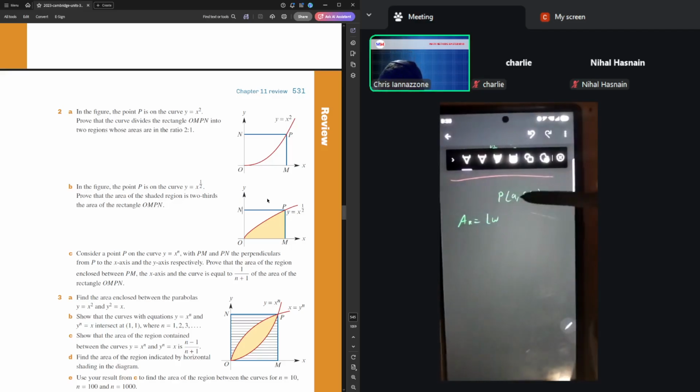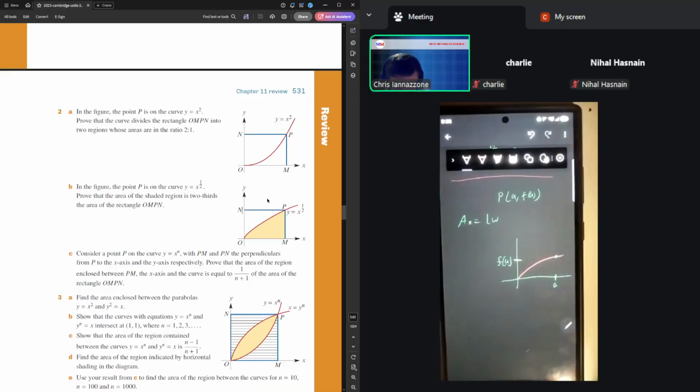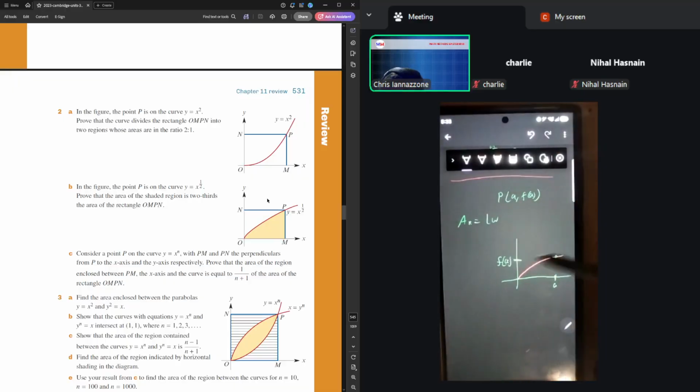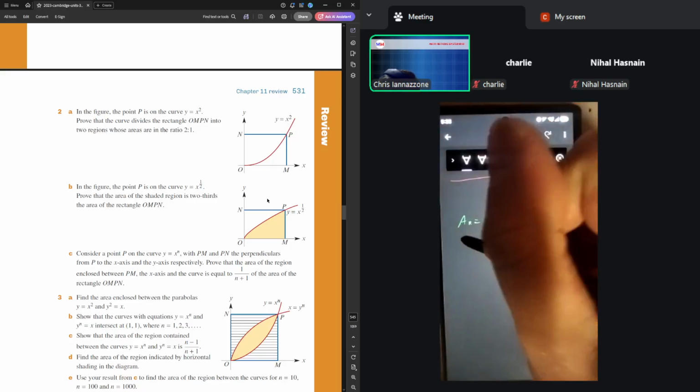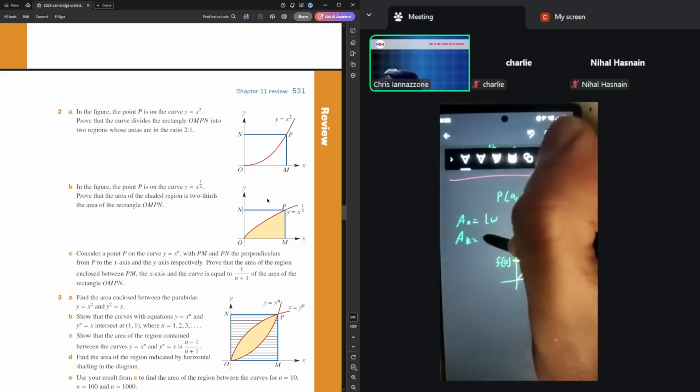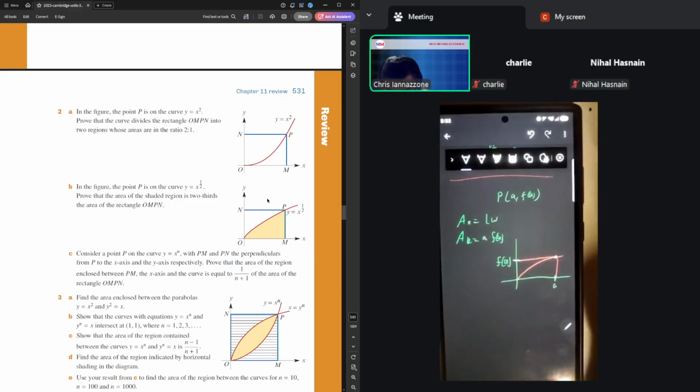So if our point is a comma f of a, then what we have is the square root graph for which there is the point that has a here and a height of f of a. So for the rectangle that we get out of that, let's call it a length of a and a width of f of a. So in other words, a times f of a.